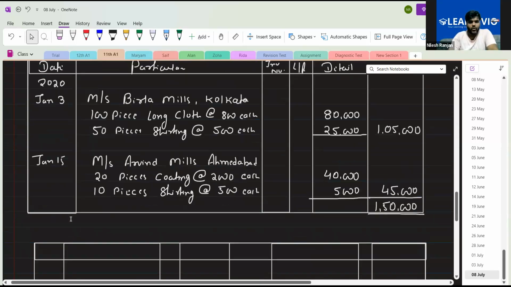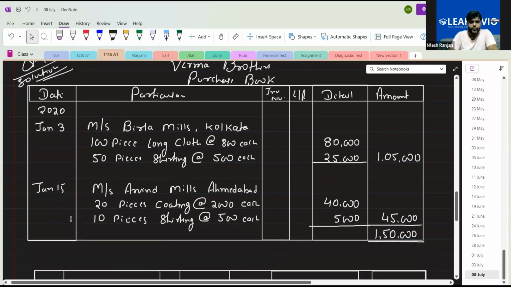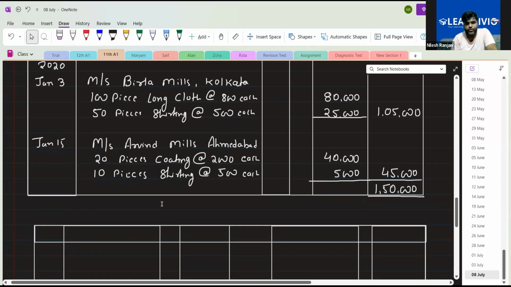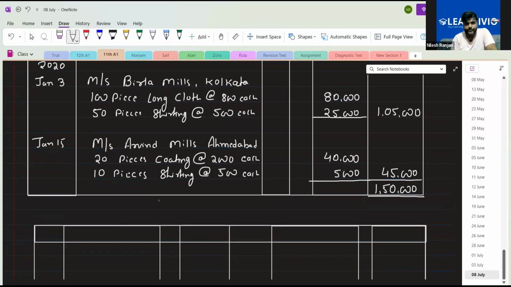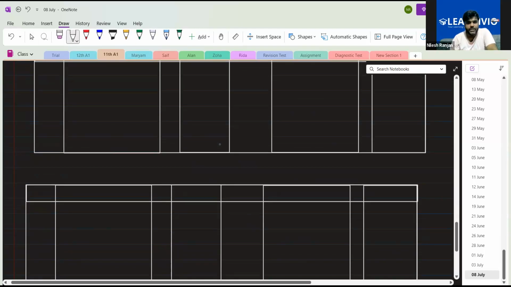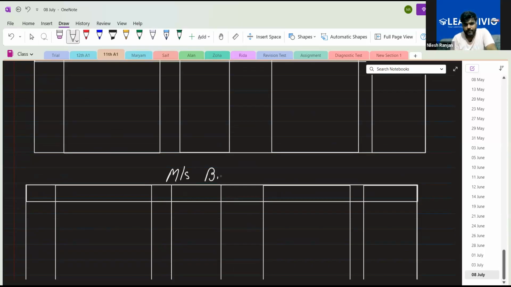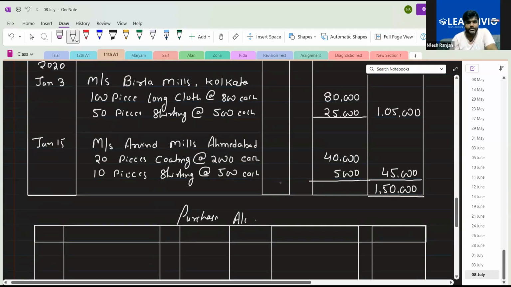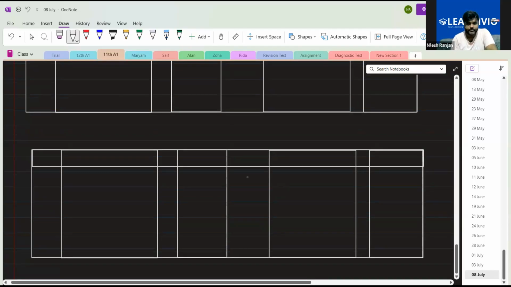So there are 3 ledger accounts we have created from the purchase book. The first one will be purchase account. Then the second one will be Messrs. Birla Mills. And the third one is Messrs. Arvind Mills.